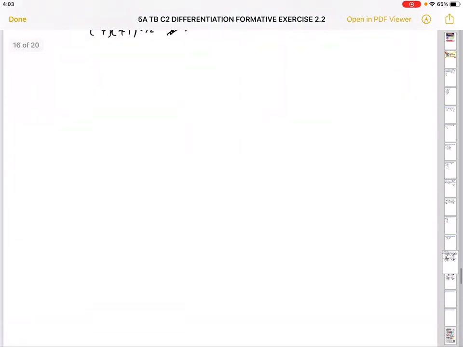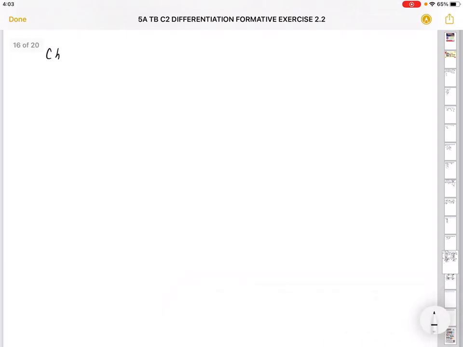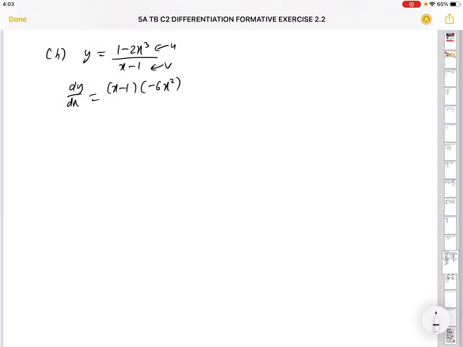H will be y equals 1 minus 2x cubed over x minus 1. So this is my u, this is my v. dy/dx will be v u prime, minus 6x squared, minus u, 1 minus 2x cubed, v prime, which is 1 over v squared. So let us expand. Minus 6x squared times x, 6x cubed.